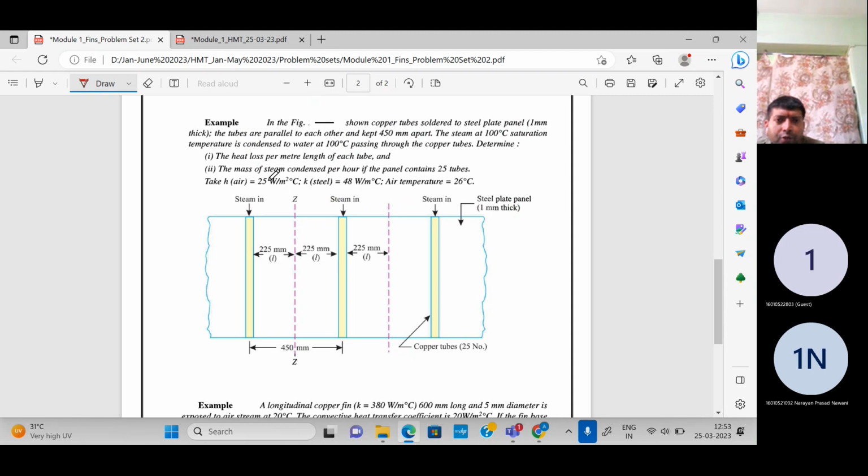Now we will find the mass of steam condensed per hour in the panel that contains 25 tubes.